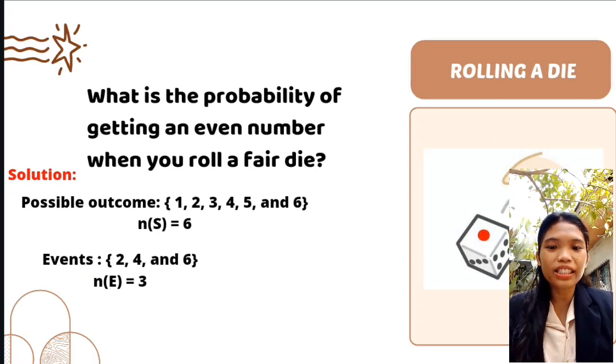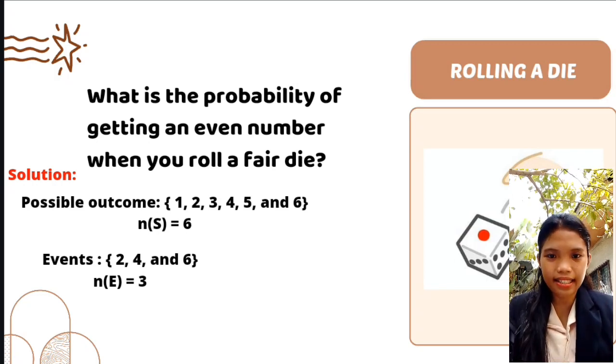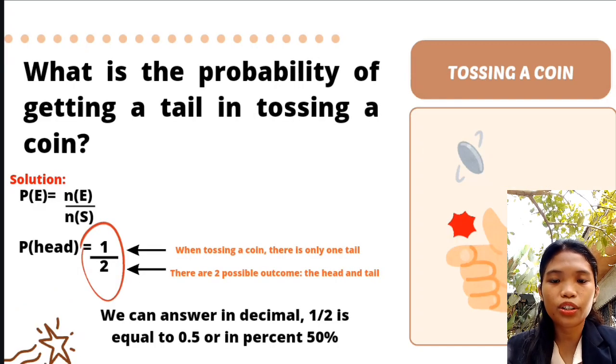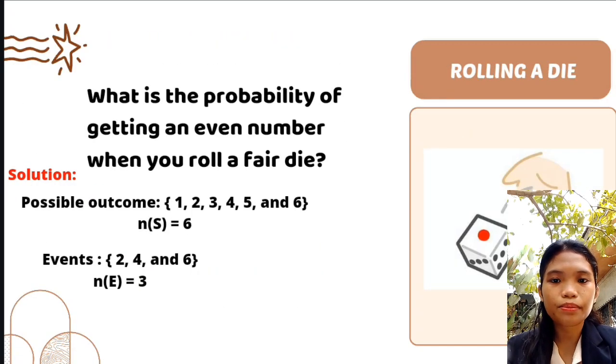Now let's proceed to our next example. What is the probability of getting an even number when you roll a die? First, die is the singular form of dice. What we did earlier, we will identify first the total possible outcomes. So in a die, there are 1, 2, 3, 4, 5, 6.